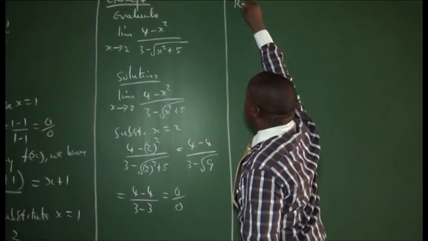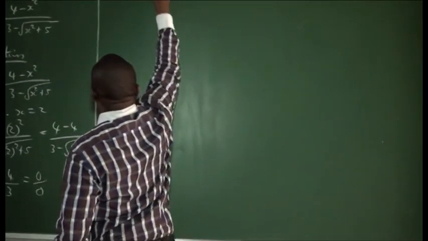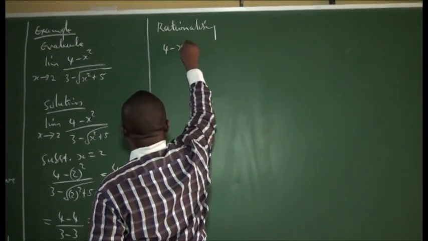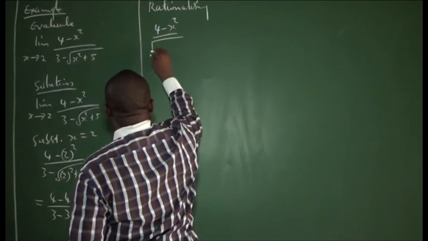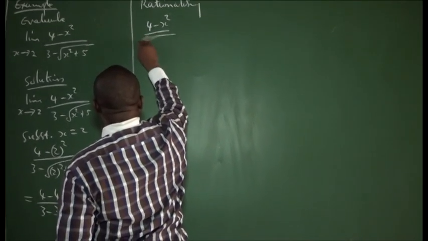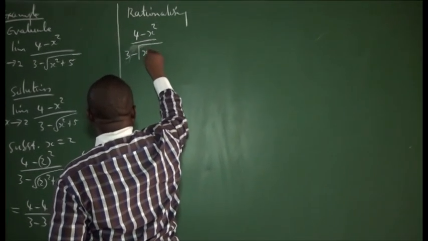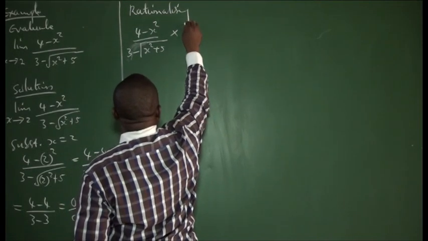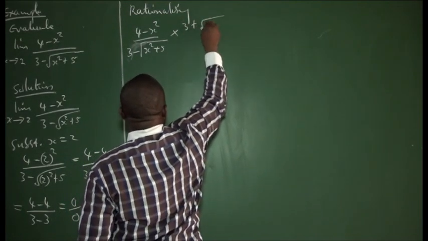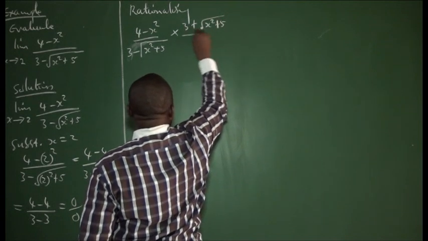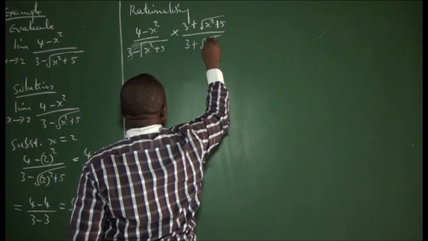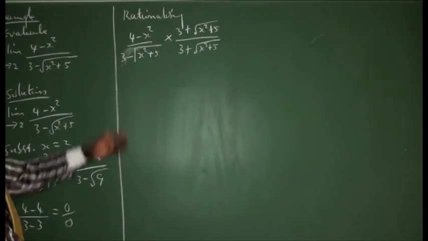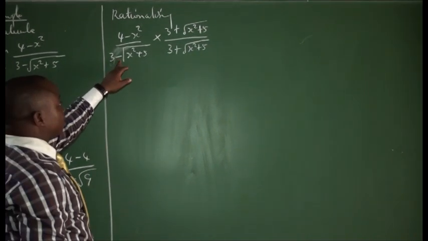So rationalizing, we have (4 minus x squared) over (3 minus root of x squared plus 5) times (3 plus root of x squared plus 5) over (3 plus root of x squared plus 5). So that is how we rationalize, by taking the conjugate of this.